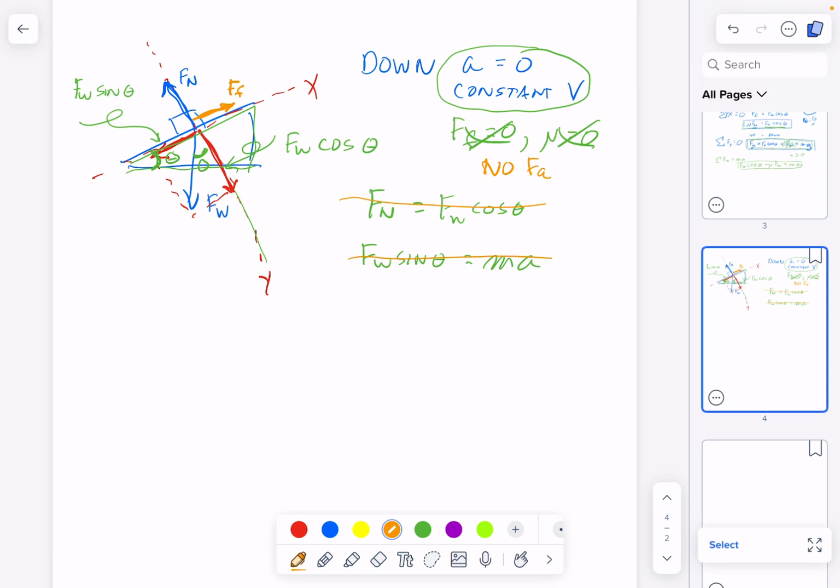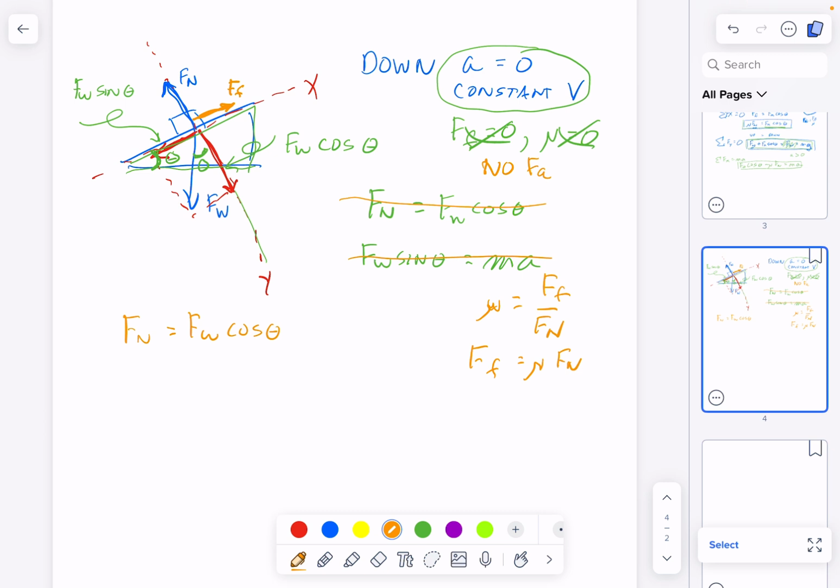So let's analyze this situation. The first thing that we're going to say is, in the y direction, the summation of the forces equals 0. So F sub n equals F sub w cosine theta. We also know that because we have friction now, mu equals the force of friction over the normal force, and so therefore the force of friction equals mu times the normal force.